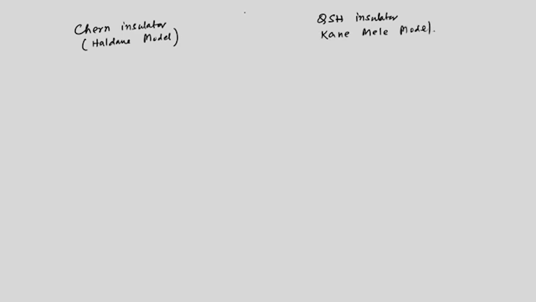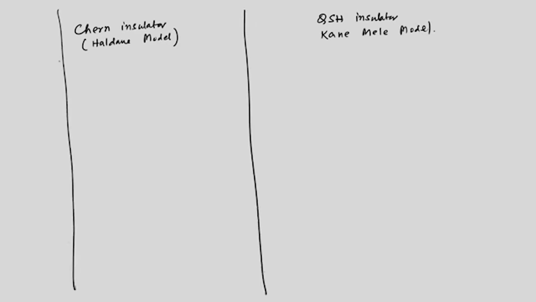Okay. So, let me make a comparison between the two in terms of a number of things that we have learned so far. It's like a summary of what we have learned.